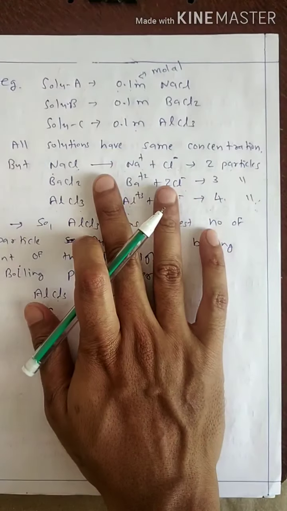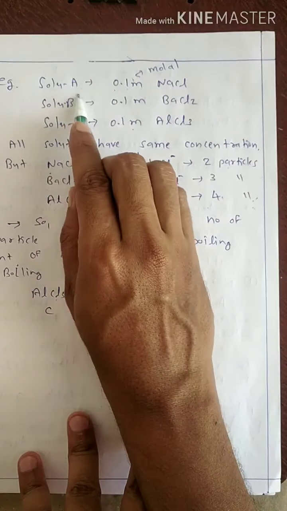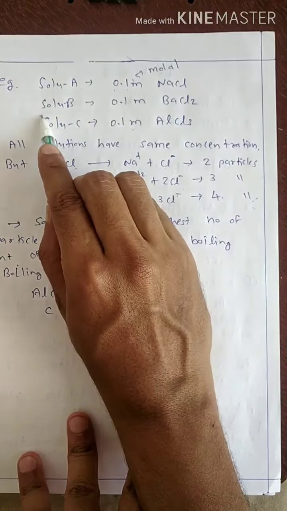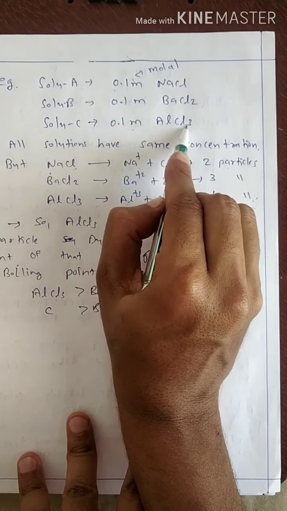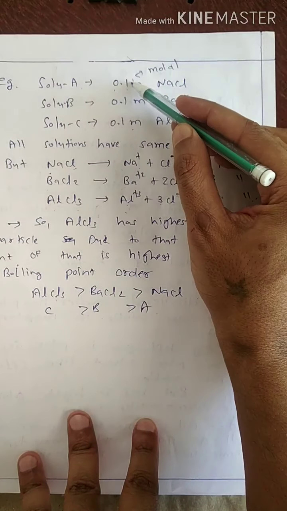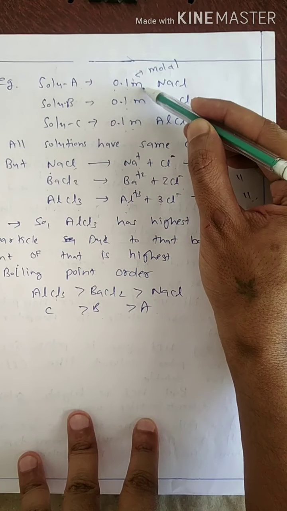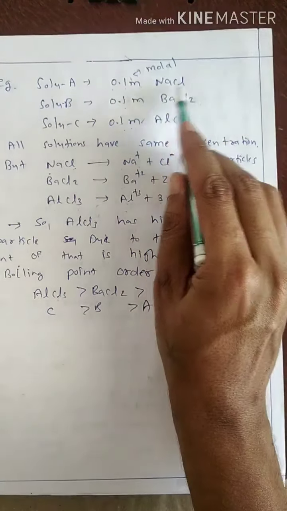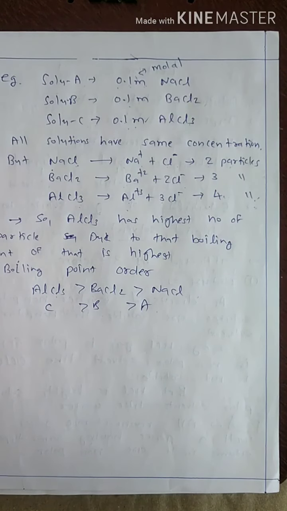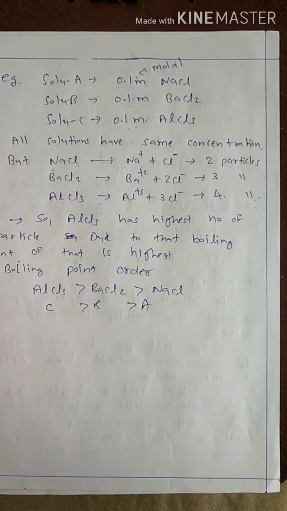Once again, this was the example: solution A 0.1 mole, solution B 0.1 mole BaCl2, solution C 0.1 mole AlCl3. All three concentrations are the same: 0.1 molar each. NaCl will dissociate into two ions, Na plus and Cl minus, BaCl2 into three ions, Ba plus 2 and 2 Cl minus, and AlCl3 into four ions, Al plus 3 and 3 Cl minus.